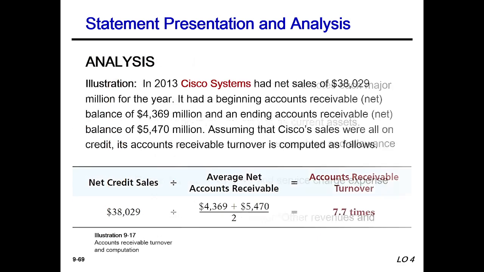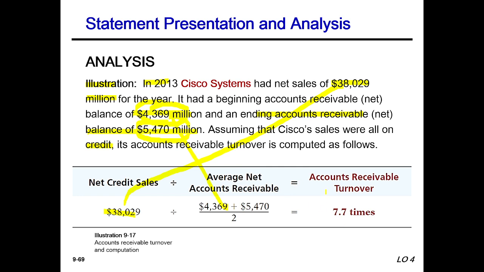Moving next, analysis. This analysis is very simple. Illustration: in 2013, Cisco Systems had net sales of this amount in millions of dollars, and it had a beginning accounts receivable net balance of this figure and an ending accounts receivable net balance of this figure, in millions. Assume that Cisco sales were all on credit. Accounts receivable turnover is computed as follows: net credit sales divided by average net accounts receivable, where the average is the two balances divided by 2.